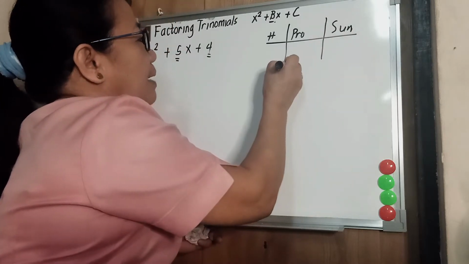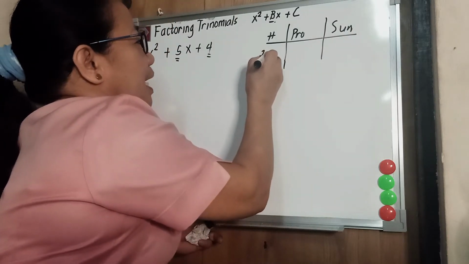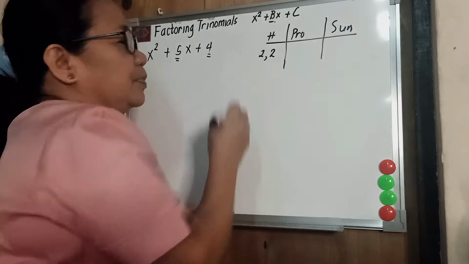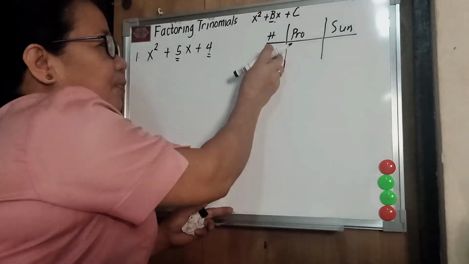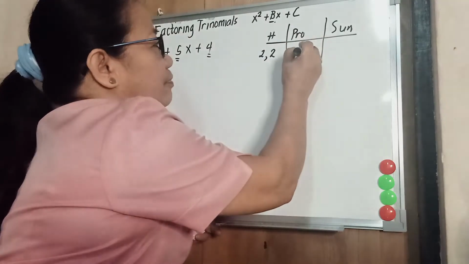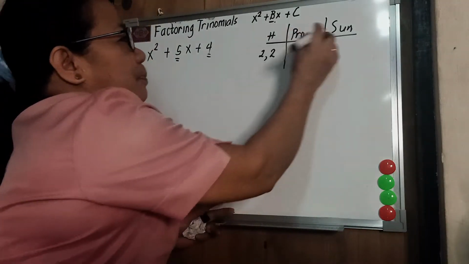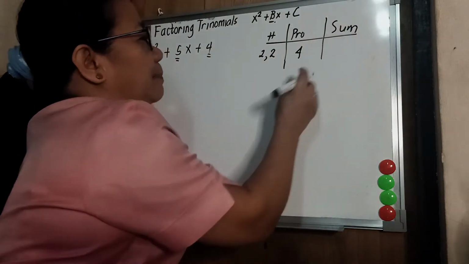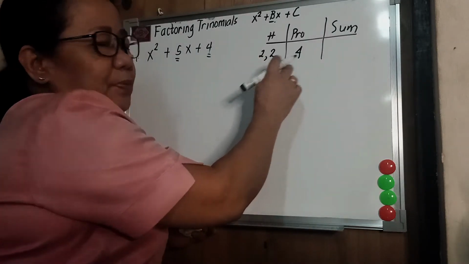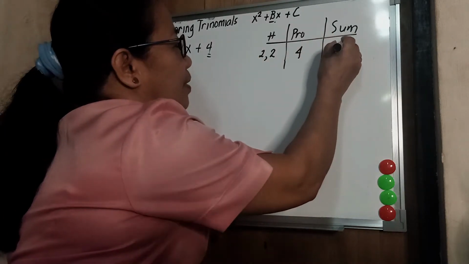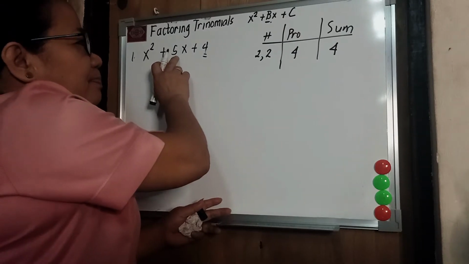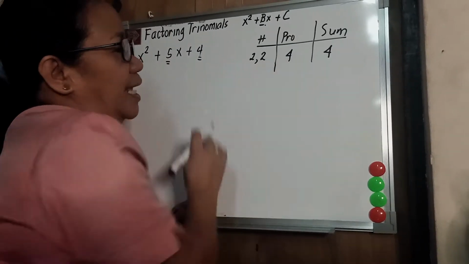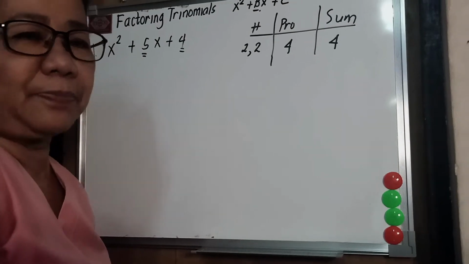Let us have 2 and 2. If we multiply 2 and 2, the product is 4. If we get the sum, 2 plus 2, the sum is 4. Remember, your b is 5. So, let us find another pair of numbers.